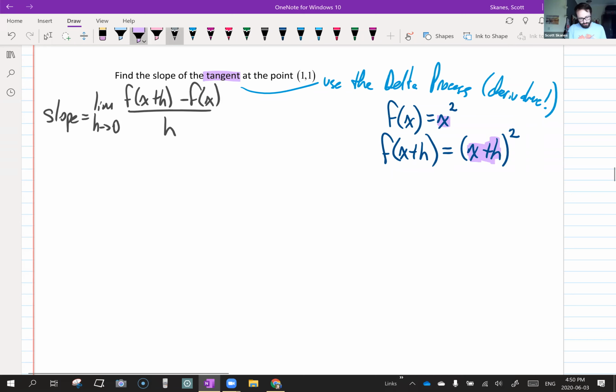If it's f of x, you put an x in. If it's f of x plus h, that's what you replace all the x's with. And I'm going to substitute that back in my formula. Does this make sense so far? Do you know how I got f of x plus h? I just added it in.